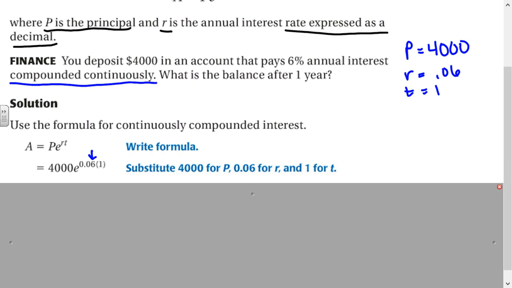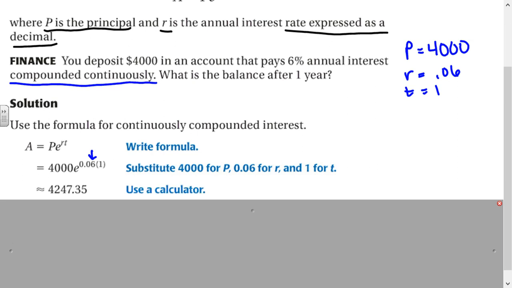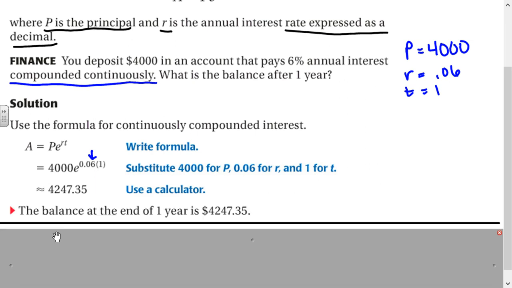You just have to be really careful how you enter it. So I like to figure out what this is in my calculator first and then re-enter it. If you did it correctly, you should get about $4,247.35. And remember, this is talking about money, so you want to label it with a $ sign and you want to round to the nearest penny.